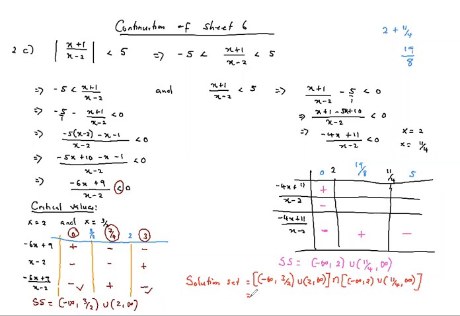So the intersection here, you must be familiar with how you get the intersection of intervals. For the left side, I'm getting negative infinity, I'm also getting 3 over 2. Then union. For the right side, I'm picking 11 over 4, and we have infinity here. So this is our solution set.